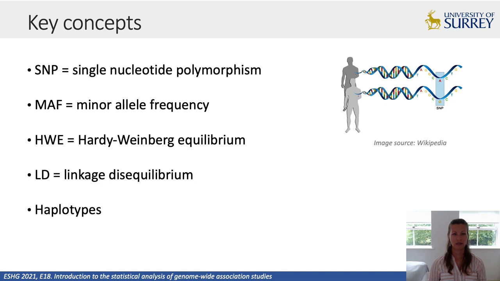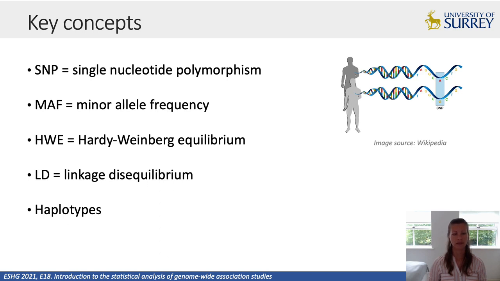A couple of key concepts that are essential in doing a GWAS study are, first of all, single nucleotide polymorphism. GWASs are focusing on these, the variation in a single nucleotide in the human genome. Minor allele frequency is the allele frequency of the less common allele in the population, and these vary by populations, and GWASs usually focus on common variants with minor allele frequency over 5%.